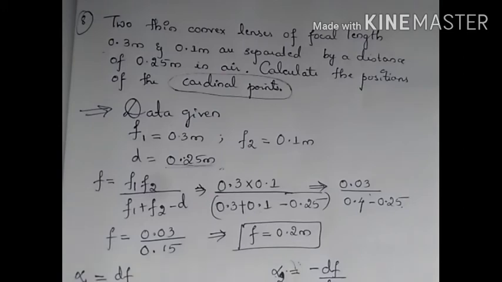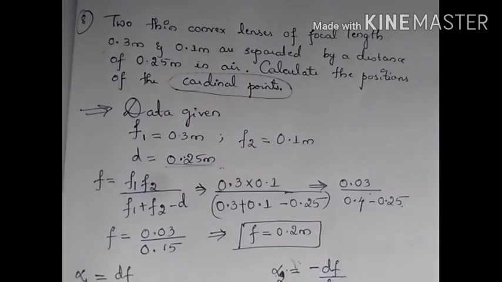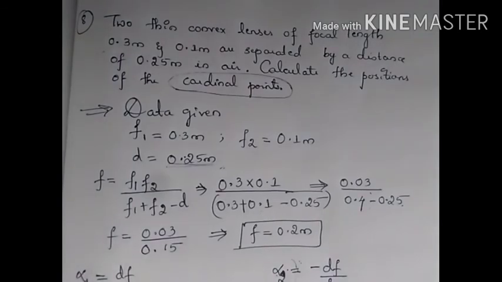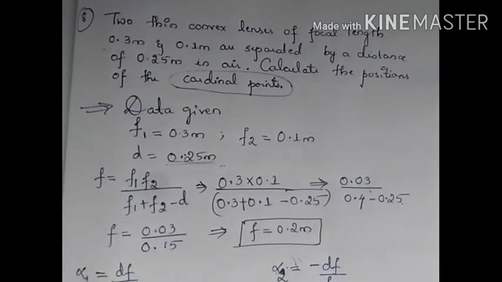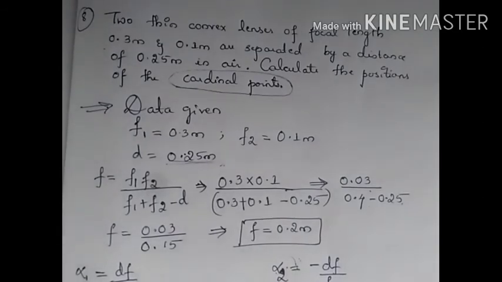Power is inversely proportional to the focal length of the lens, so power is equal to 1 by f. Using that formula we found the focal length of the lenses. Now here you need not find the focal length. He has directly given the data for the focal length of the lenses.